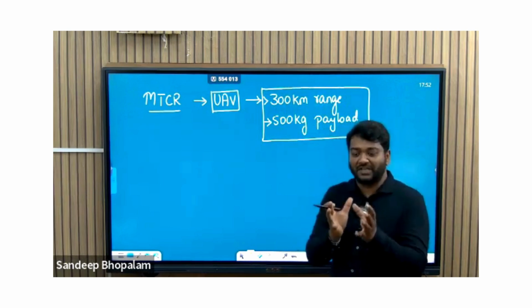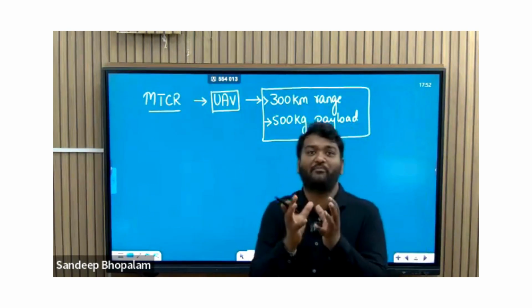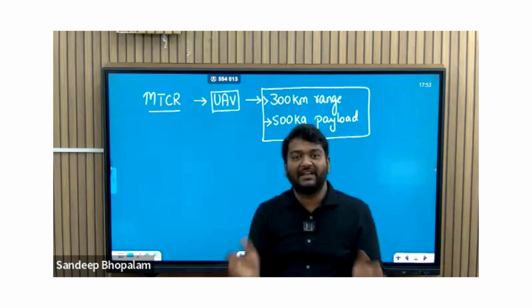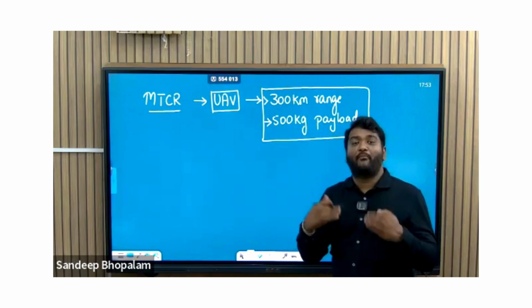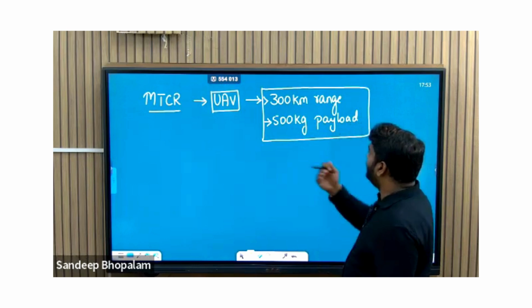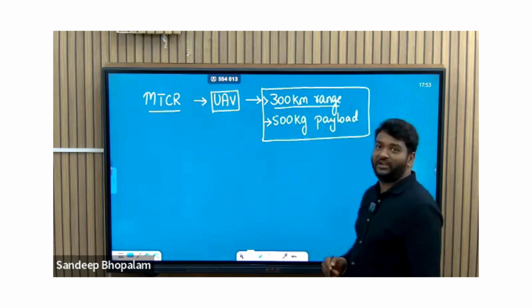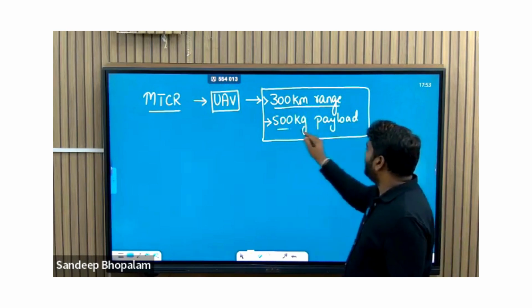Payload basically means the capacity or the weight of the bomb which the missile is carrying. So I should not give a bomb which is capable of moving greater than 300 kilometers or 500 kg payload.